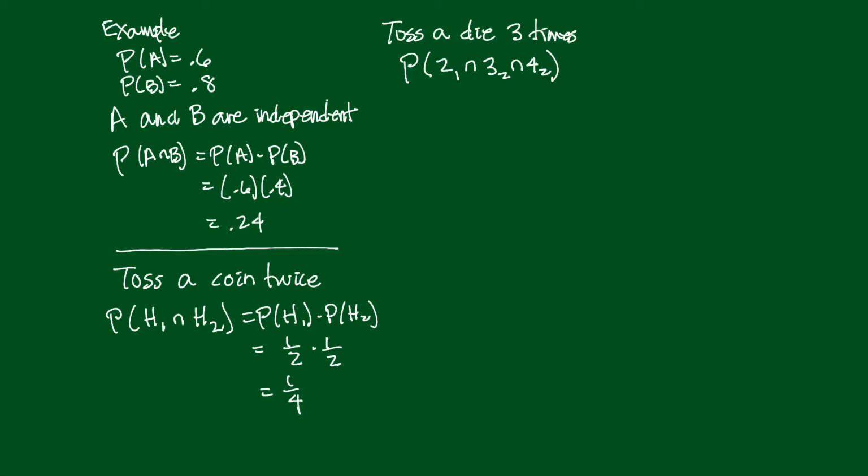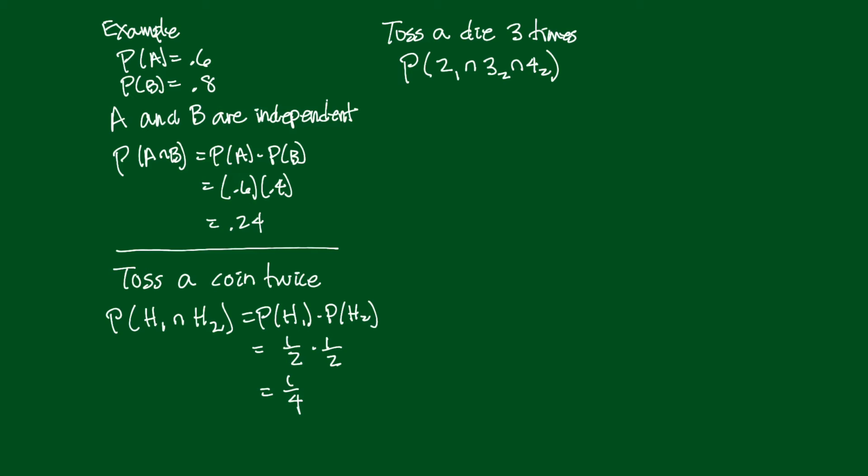Here's another example. Suppose you toss a die 3 times. What is the probability of getting a 2 on the first toss and a 3 on the second toss and a 4 on the third toss? Well, I'm going to claim that these tosses are independent, right? What you get on the second toss is not influenced at all by what happened on the first toss.